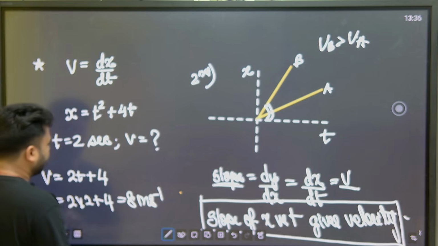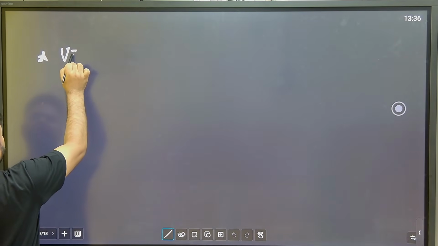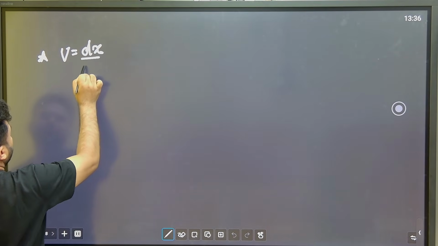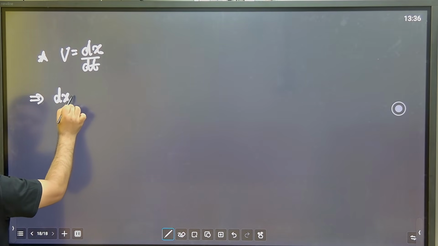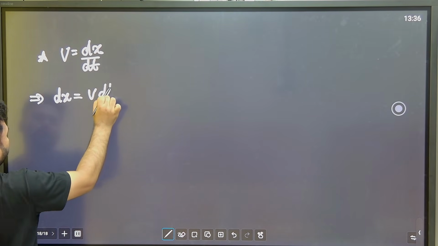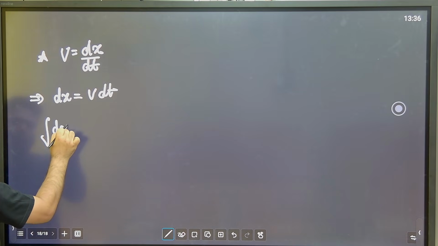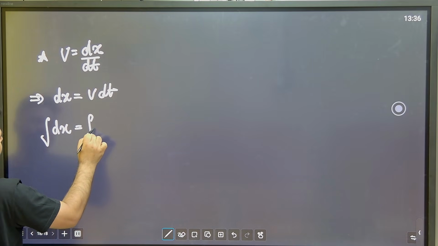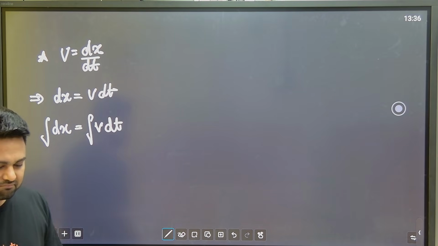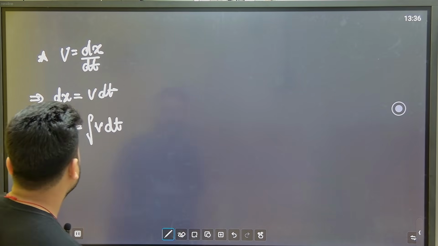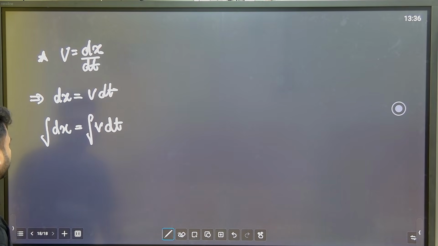Second kind, what kind of question can they ask? See, if we write v equals dx by dt, can I cross multiply and write dx equals v dt? Cross multiply. If I put integration on both sides, integration of dx equals integration of v dt.